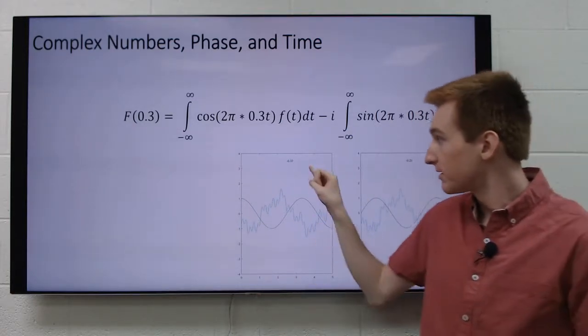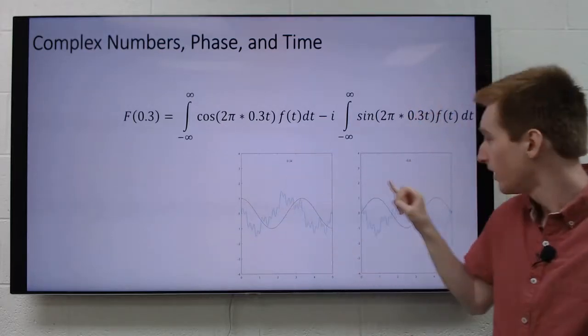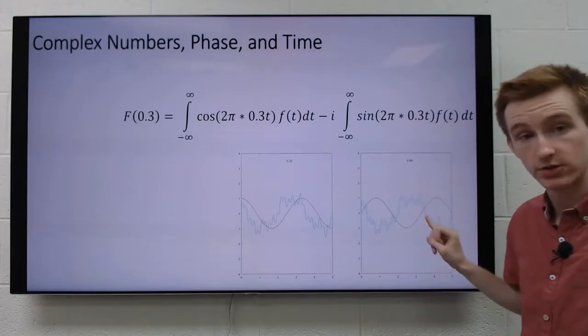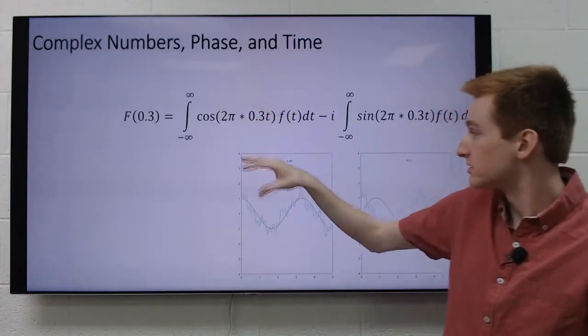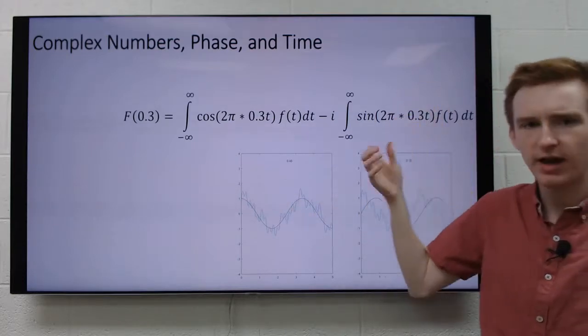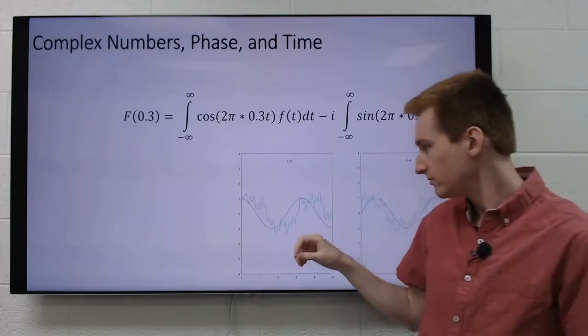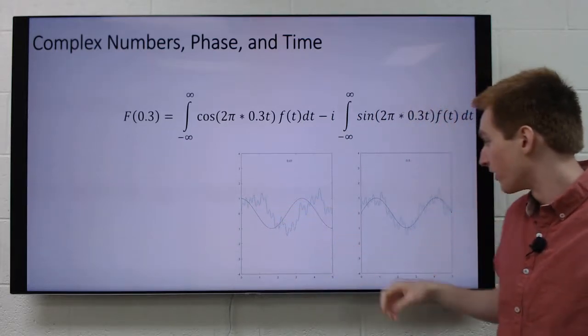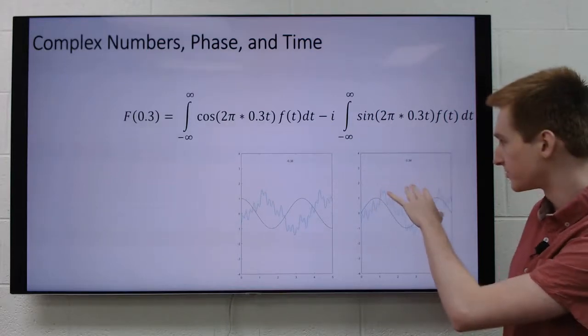And you can see this here is the comparison score for the cosine version of the wave, and here is the comparison score for the sine version of the wave. So now we can see how A is changing and B is changing. We don't care about i right now because we're just computing this comparison score. When we're in phase, for example here, the comparison score is very high, 0.5.